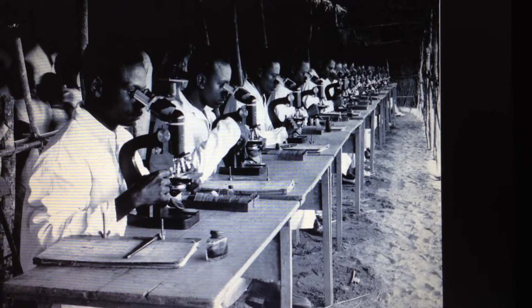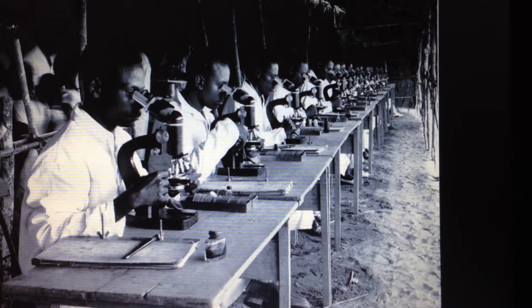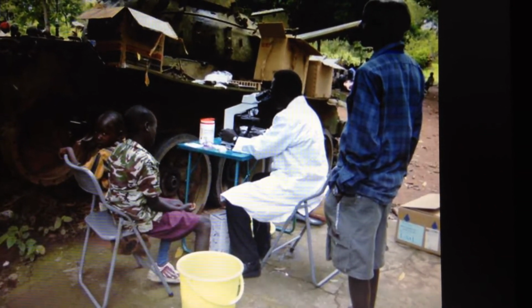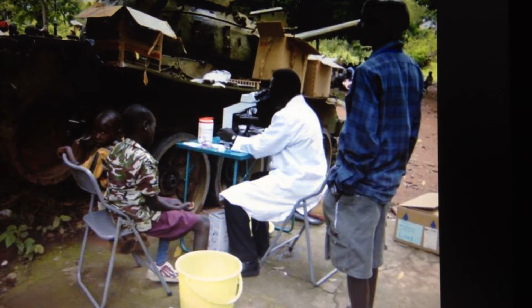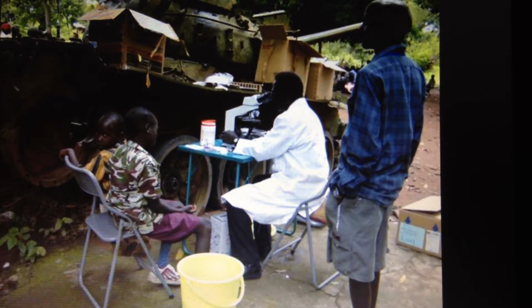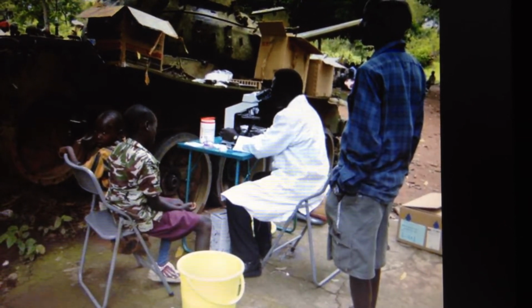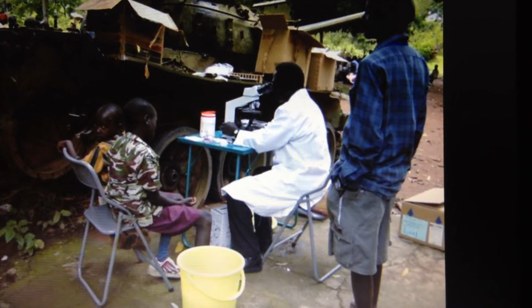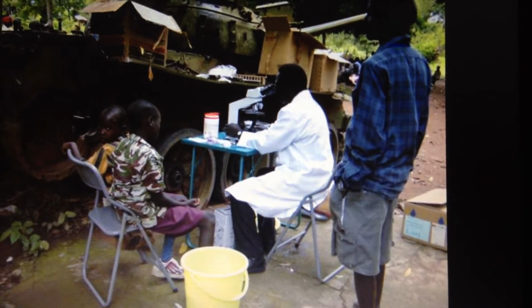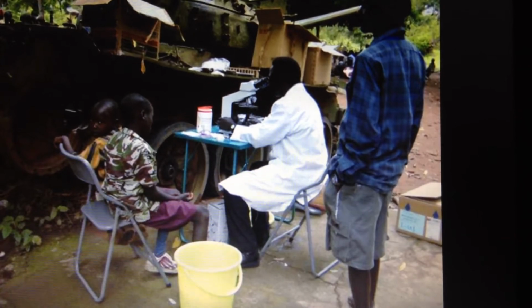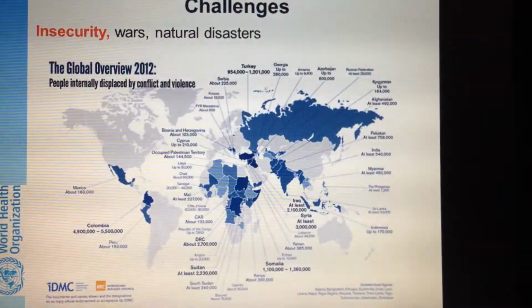Again, a picture of almost 100 years ago, but very little has changed currently, and in this case we are even using a tank to work chart to have shelves, because we have to work in the middle of the forest.